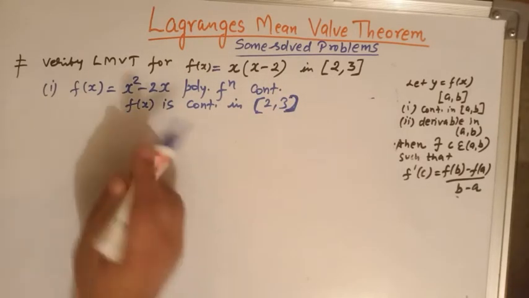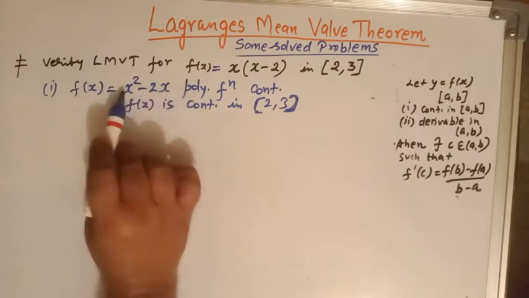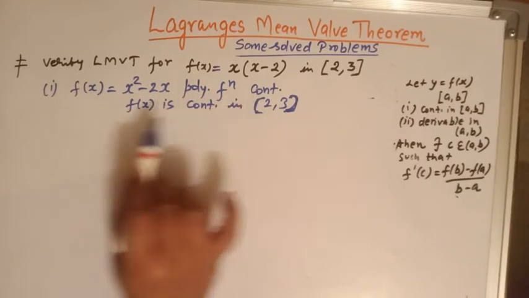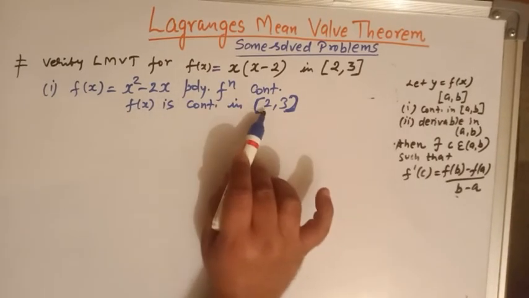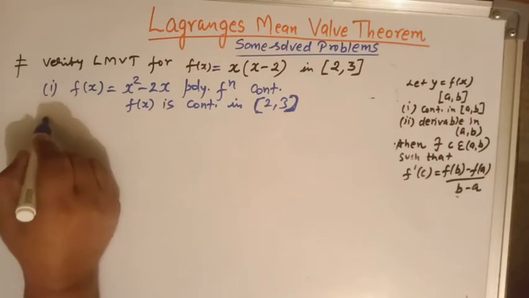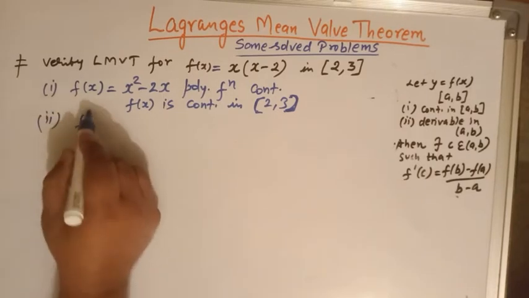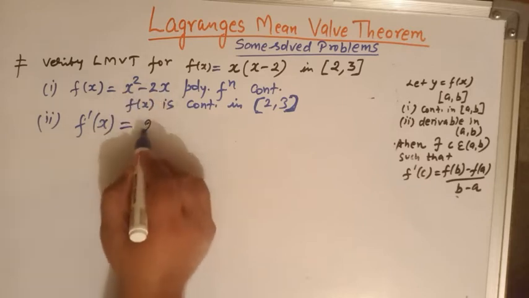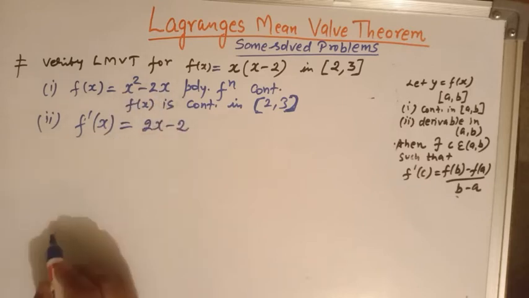Clear? So f(x) is a polynomial function. This is a quadratic polynomial, and it is continuous. So f(x) is continuous in 2 comma 3. Now if you find the derivative f prime of x, we get 2x minus 2. Clear?